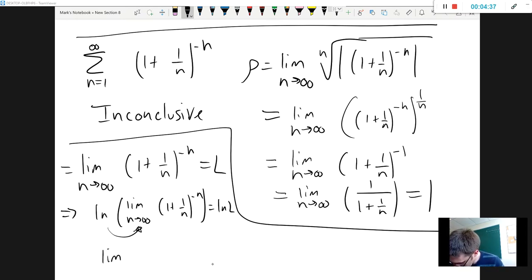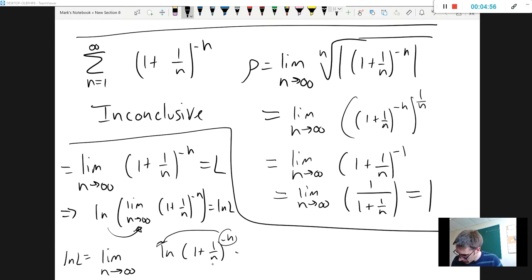And so we'll have, again, this is log L, the limit as n goes to infinity of the log of 1 plus 1 over n to the negative n. And now that we have the log inside, the negative n exponent inside of the logarithm can be brought out front. That's one of our log properties. And so we'll get negative n times the log of 1 plus 1 over n.